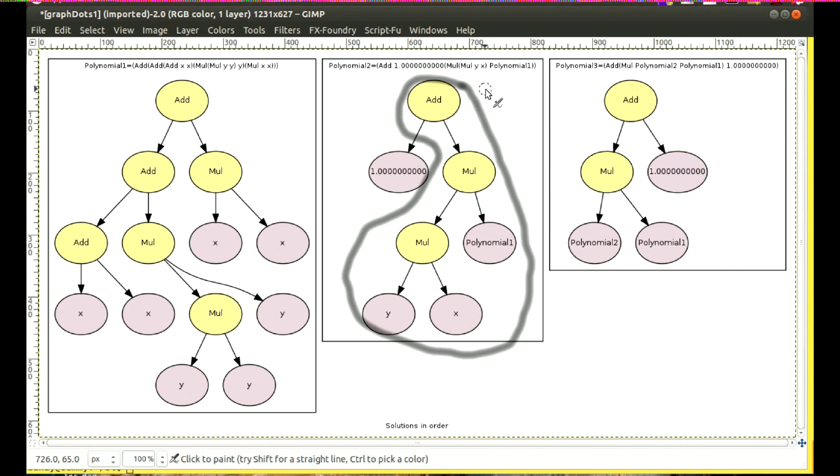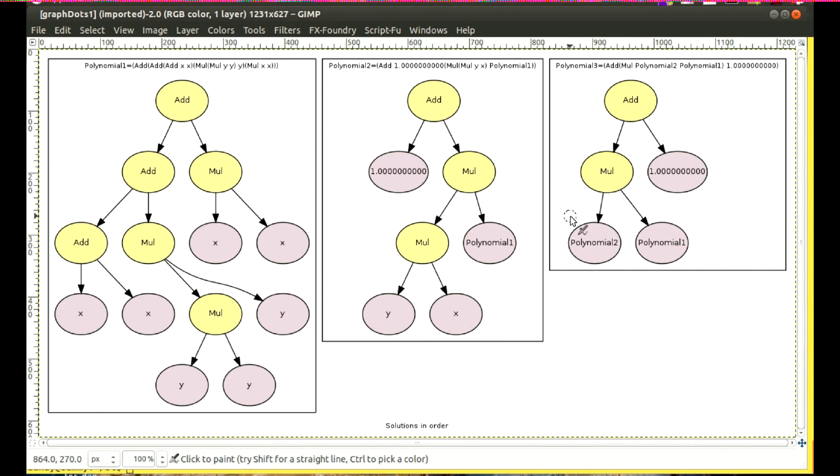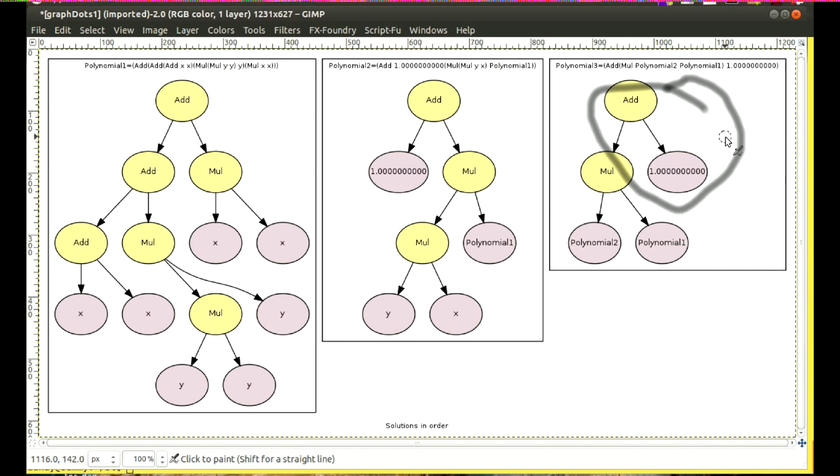Rearranging terms, we see the polynomial that generated our data. The third solution reads as polynomial 2 times polynomial 1 plus 1. Exactly our input equation.